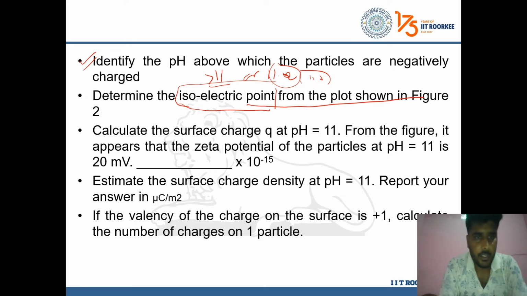And the third question: you have to calculate the surface charge Q at pH 11. From the figure, it appears that the zeta potential of the particle at pH 11 is 20 millivolt. So you are given this value, the zeta potential, 20 millivolt, and you have to calculate the surface charge.